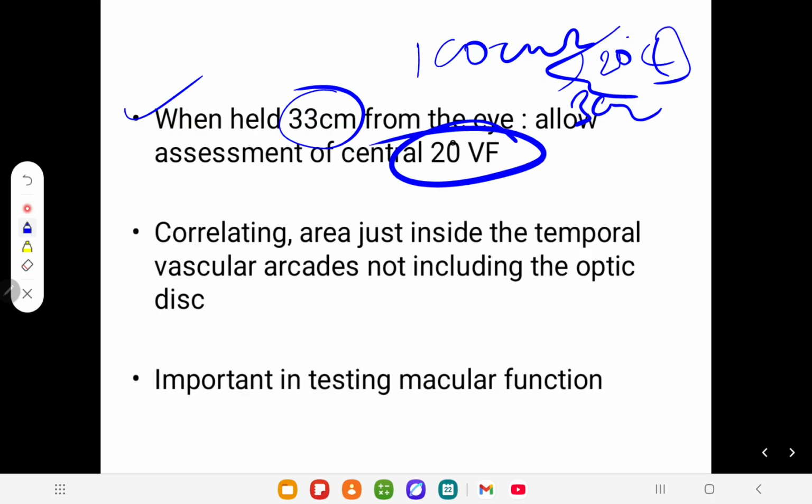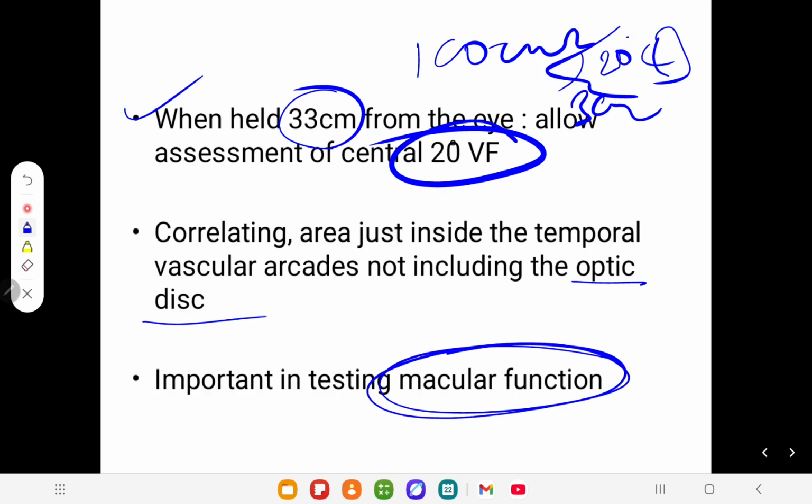That's why it's called central. It correlates to the area just inside the temporal vascular arcades, not including the optic disc. That's why the Amsler grid doesn't include the blind spot, because it doesn't include the optic disc. It is important in testing macular function.